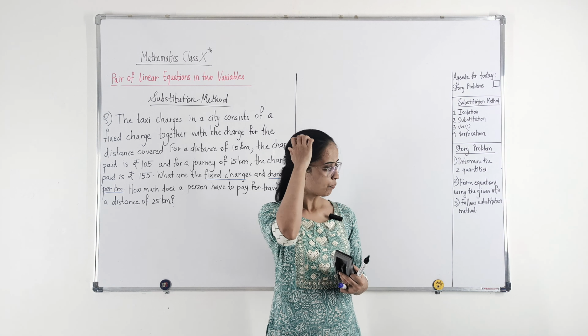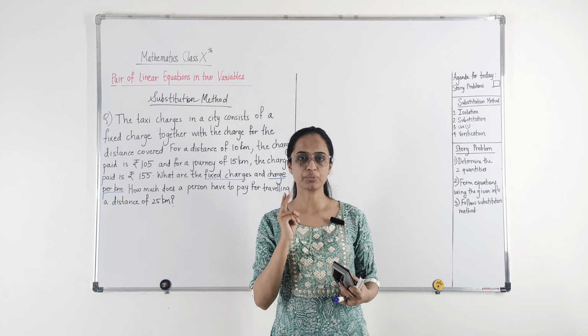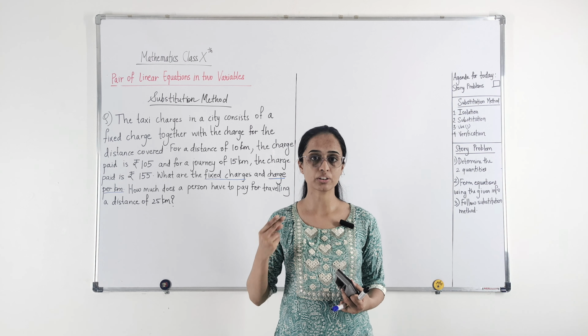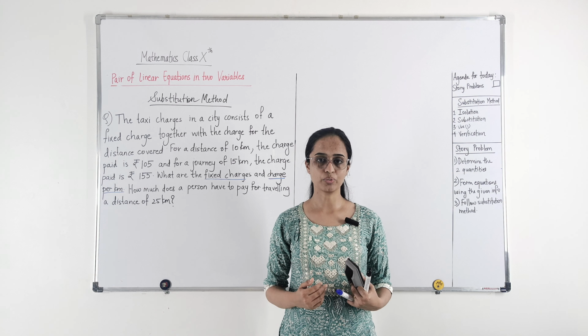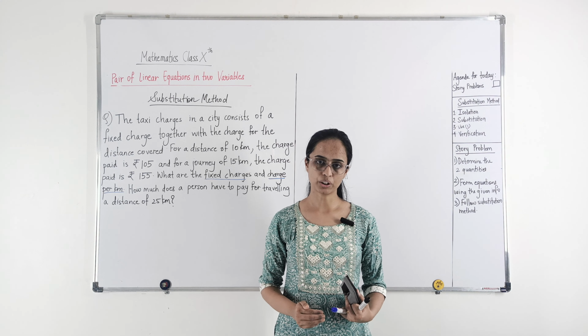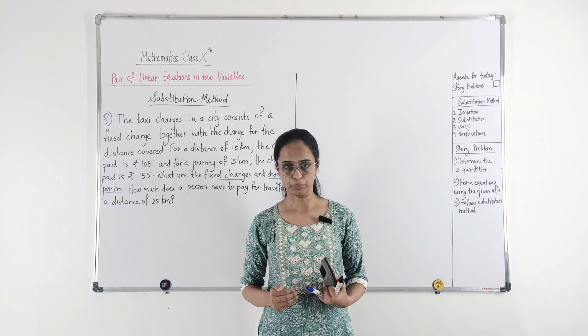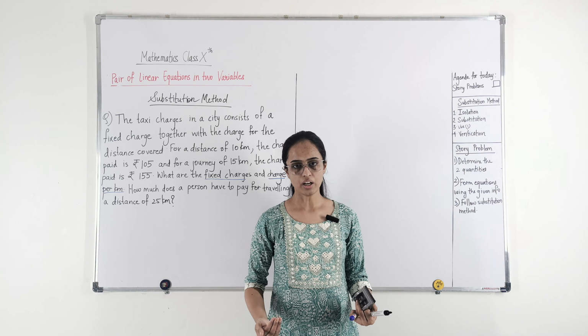So again, in a story problem, you first determine the two quantities which you are asked to calculate. Step number 2 is framing two equations using these two quantities, and once you get two linear equations in two variables, from step number 3 you follow the normal substitution method that we have seen in the previous videos to get the values of the unknowns. Once you have got the values of the unknowns, that is basically the solution for your question.